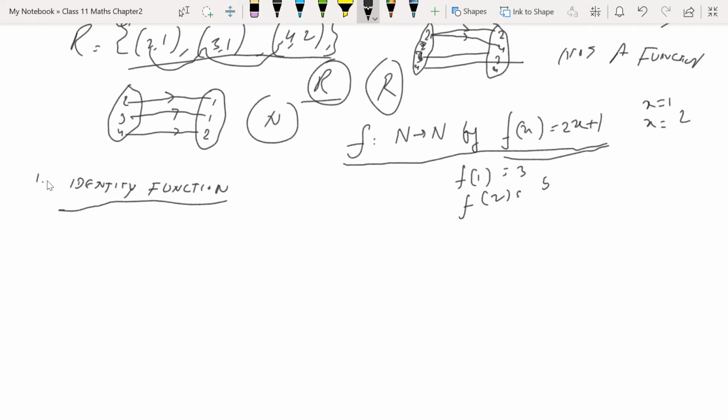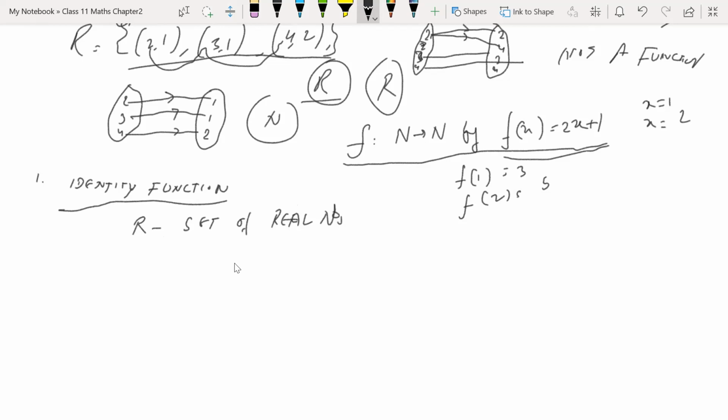If in a function both the elements are equal, meaning x and y are equal, then that is known as an identity function. Let R be the set of real numbers.